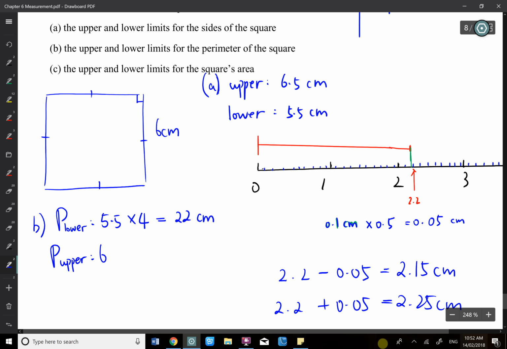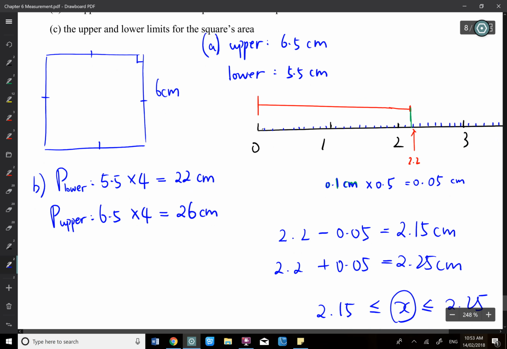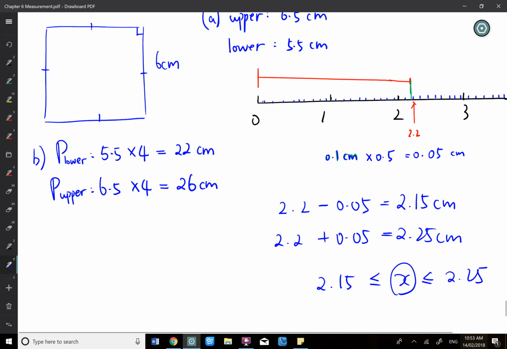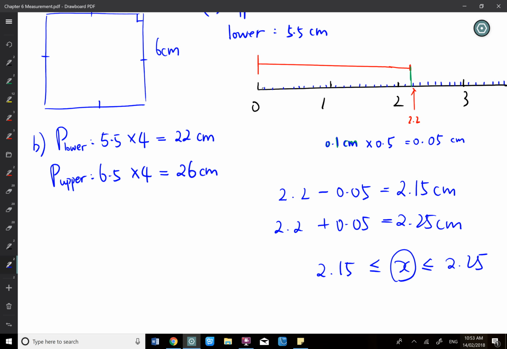The upper one will be the highest possible length times 4. So 26 centimeters is the highest possible perimeter I may have.